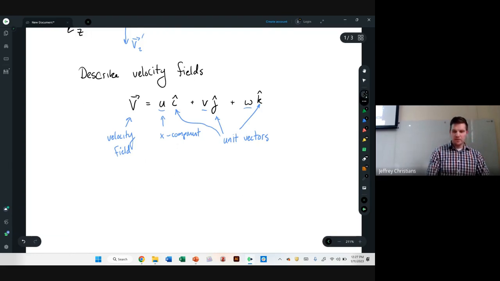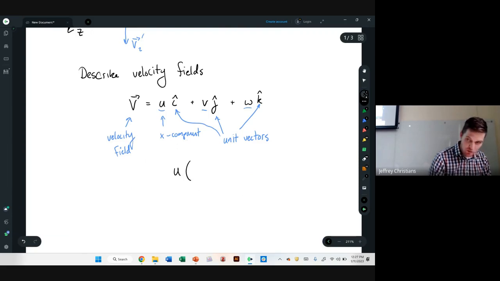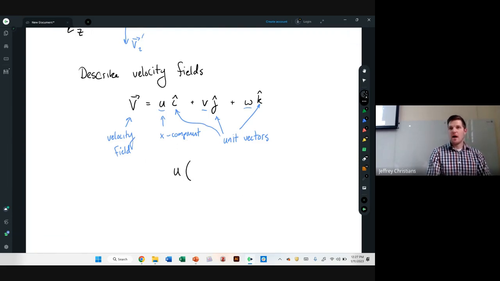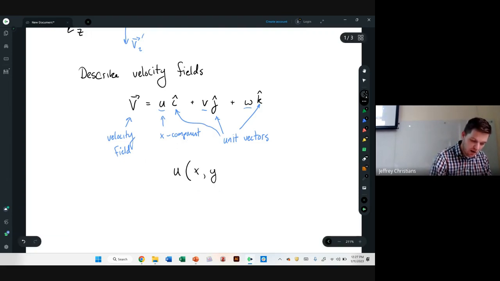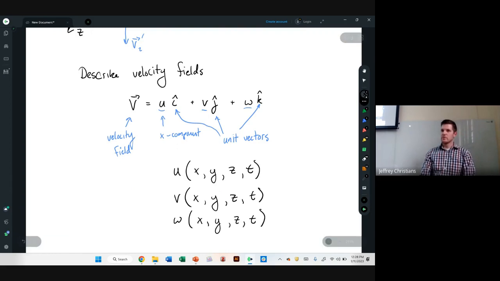Okay, and in general, u, how fast we're going in the x direction, is going to be a function of our x position, our y position, our z position, and t. How fast we're going in the y direction is going to be a function of position and time. How fast we're going in the z direction is going to be a function of all of our spatial variables and time.